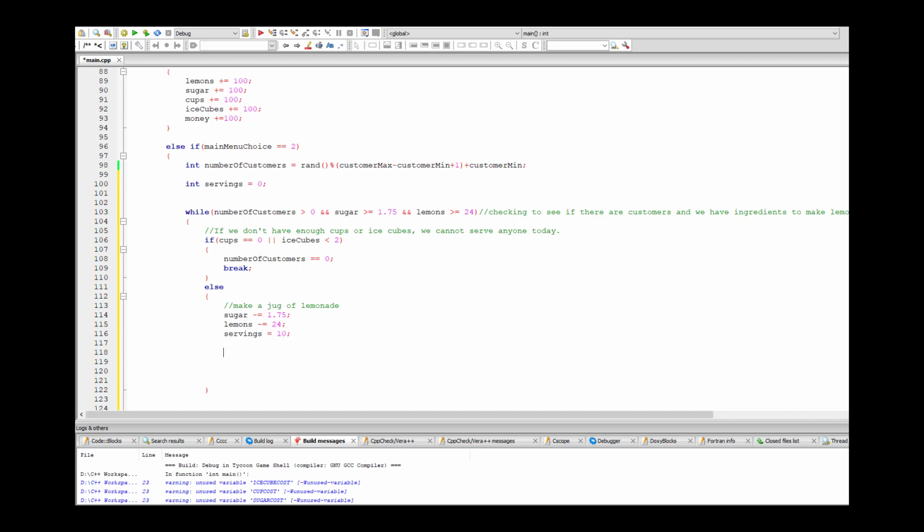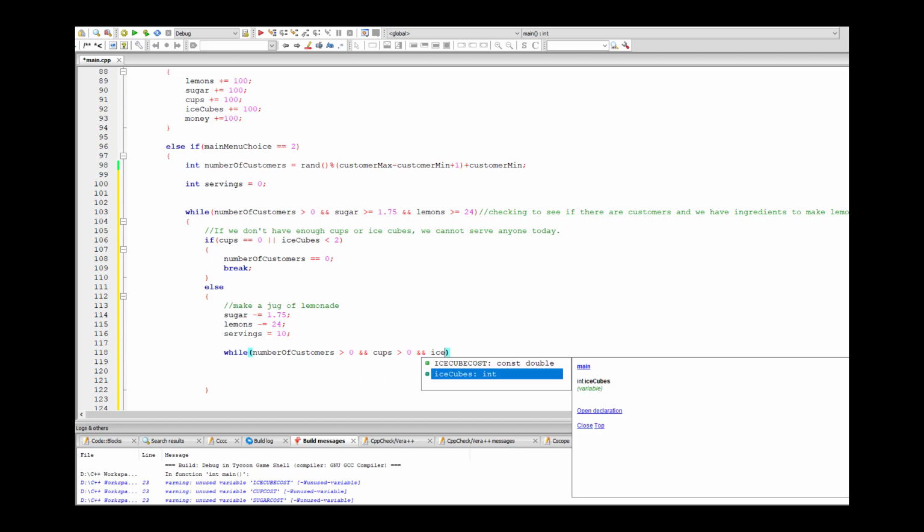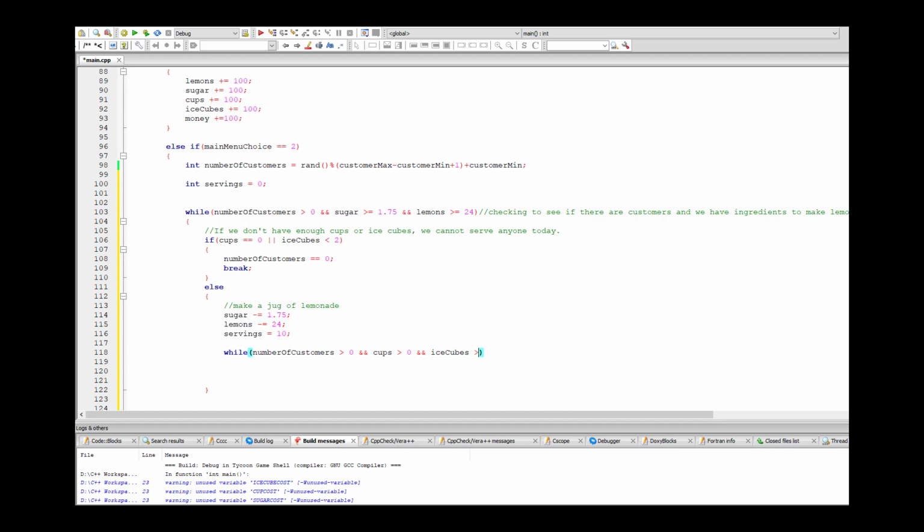Then while the number of customers is greater than 0, so while we still have customers, and cups is greater than 0, and ice cubes is greater than 2. Now we have enough to assemble a cup.